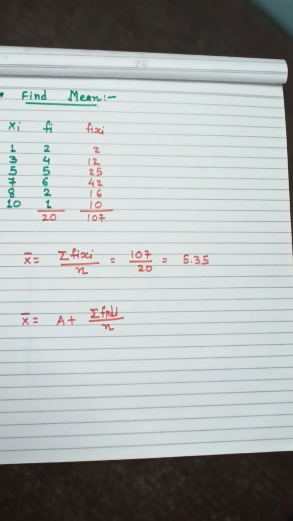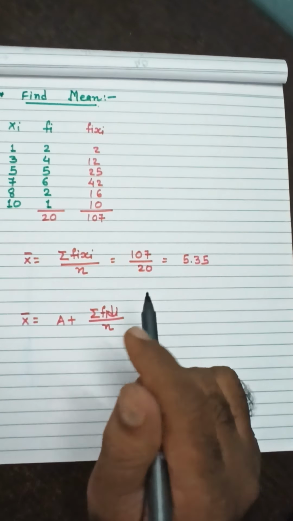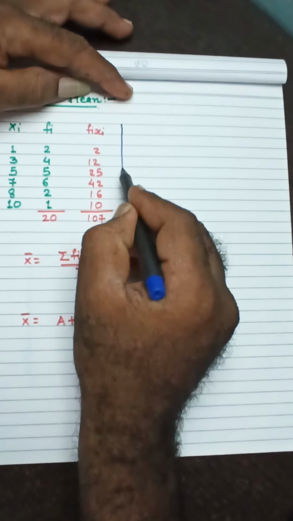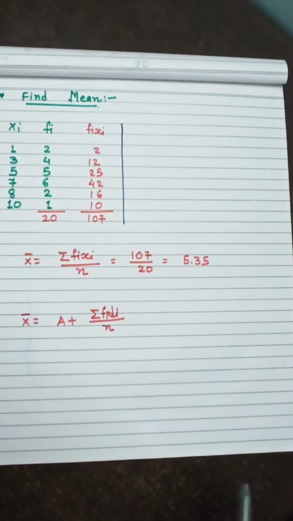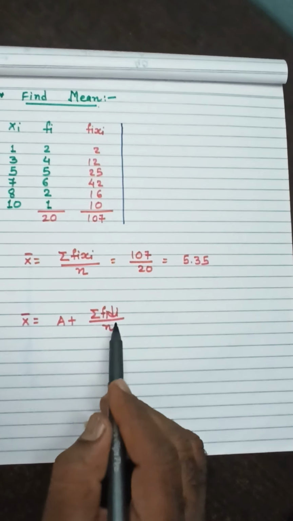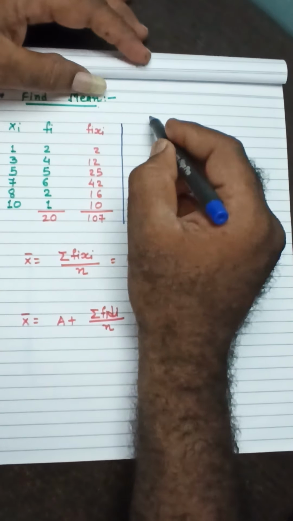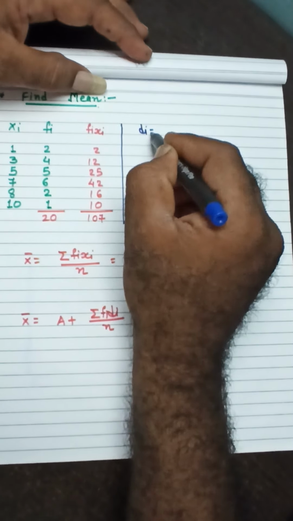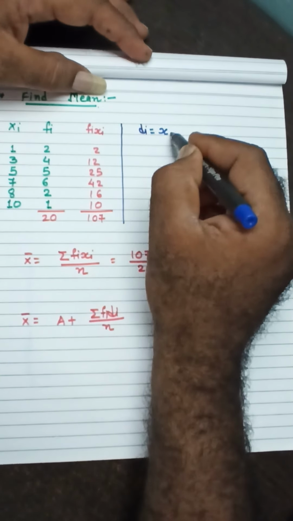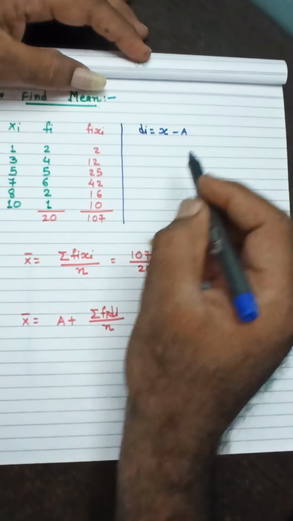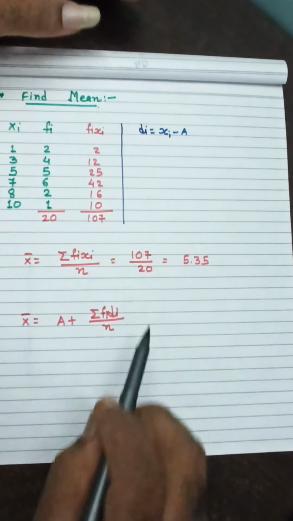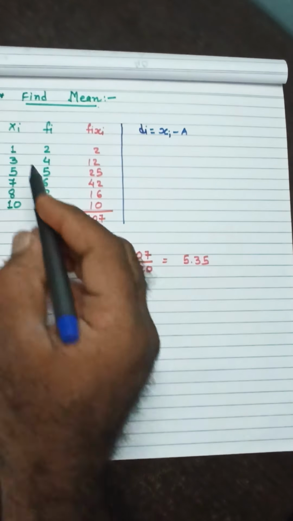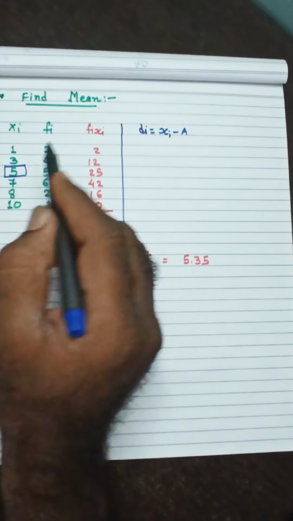Now I will write with the blue pen. As per the shortcut method, the formula is a plus sigma fi di upon n. To find the value of di, we will deduct the assumed mean from xi. Any number we can assume from this. I would like to assume 5.